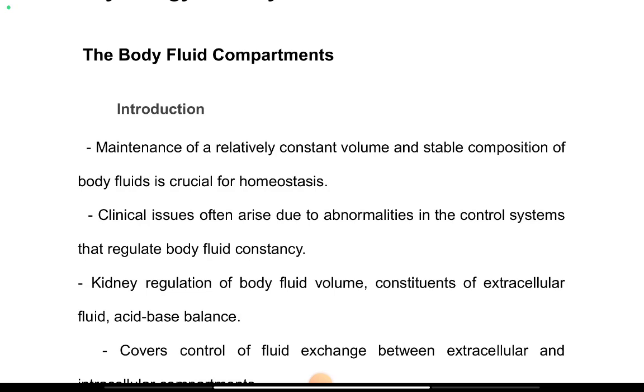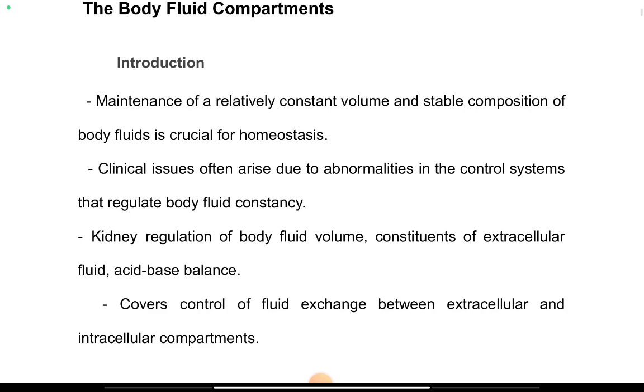Extracellular fluid is further classified into intravascular fluid confined within the blood vessels, which is the plasma, constituting about 4 liter, and extravascular fluid, which constitutes about 12 liter. 12 plus 4 is 16 liter. The total body water is about 48. 48 minus 16, the remainder is intracellular fluid, which is about 32 liter.